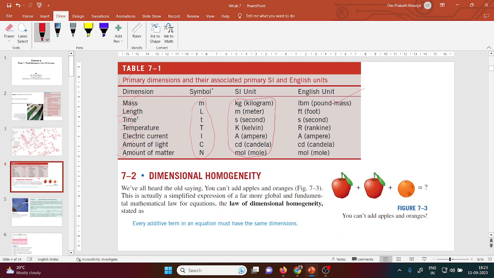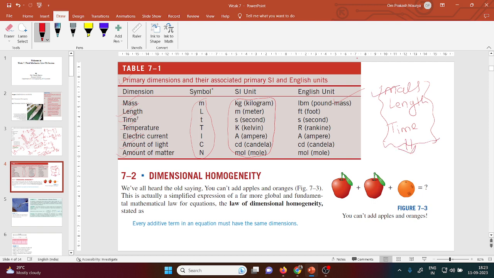The primary dimensions you know already. These three things: mass, length, and time. These three things we will use in fluid mechanics a lot.